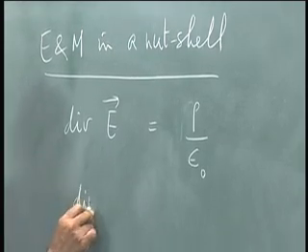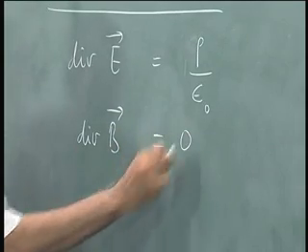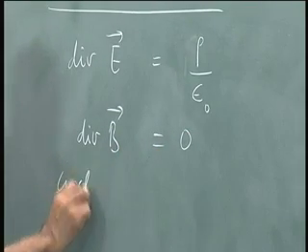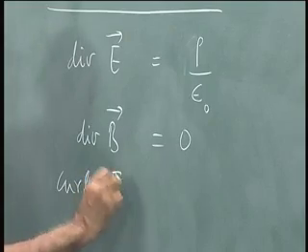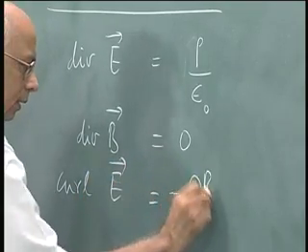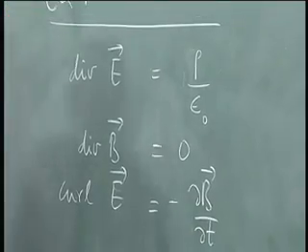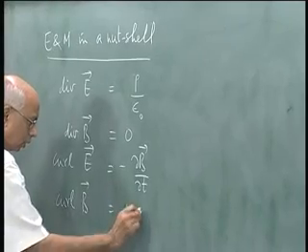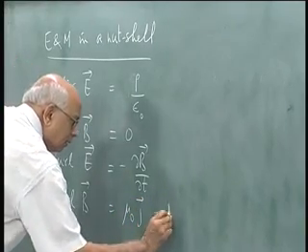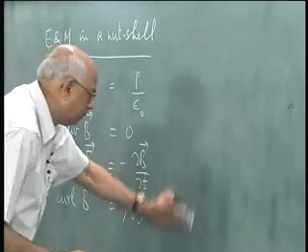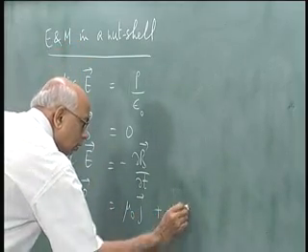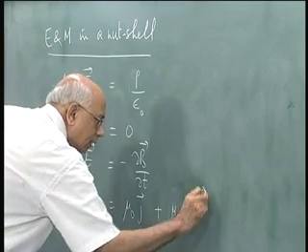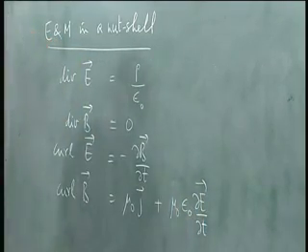The second equation is the divergence of B, that is equal to 0, the curl of E, this is equal to minus delta B over delta T, and the curl of B, which is mu naught J plus mu naught epsilon naught delta E over delta T. These are the 4 Maxwell equations in free space, and I am going to only deal with the free space case.